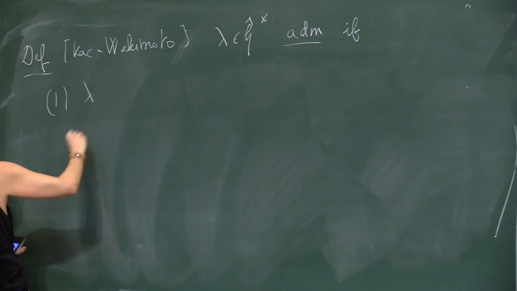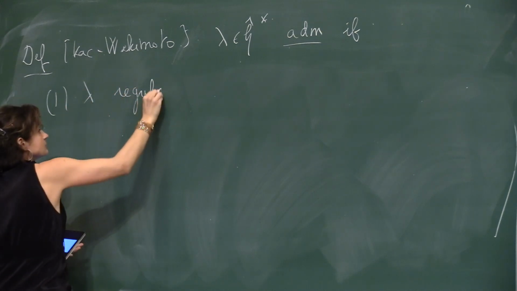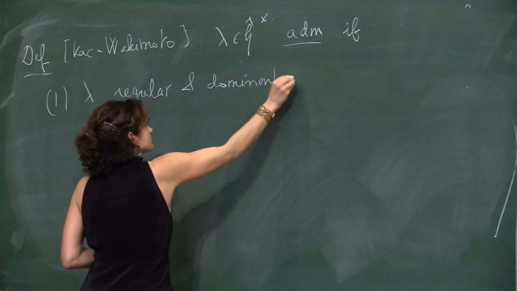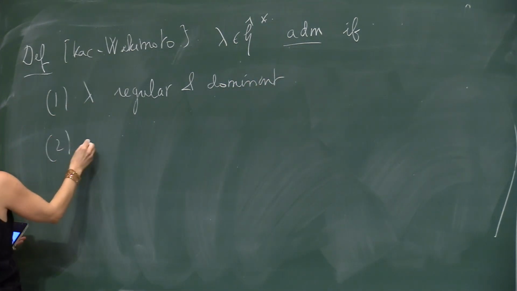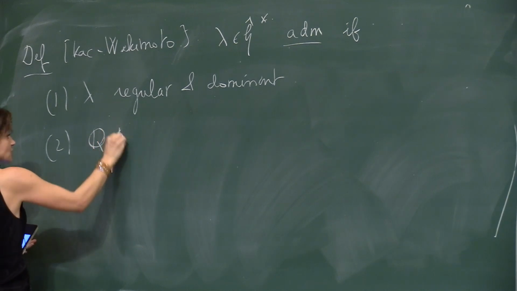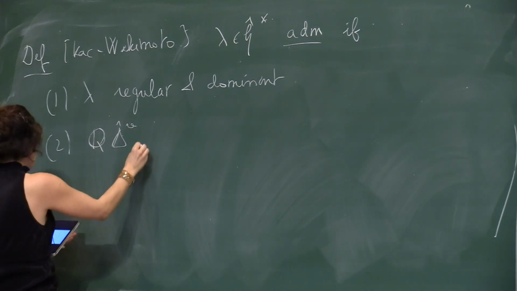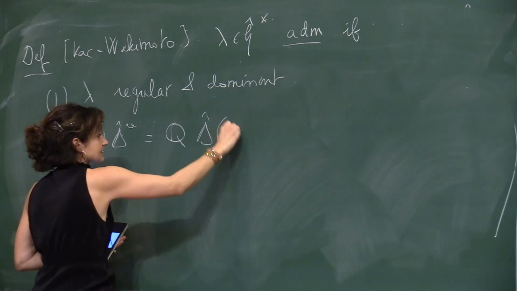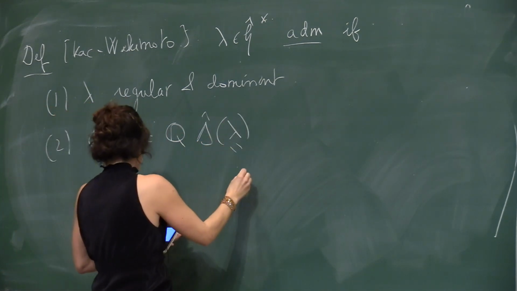First of all, lambda is regular and dominant. And second, the vector space generated by the real root lattice must be the same as the one generated by the integral root lattice of lambda.